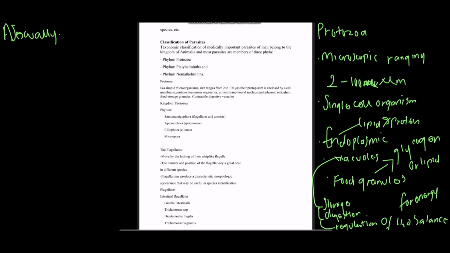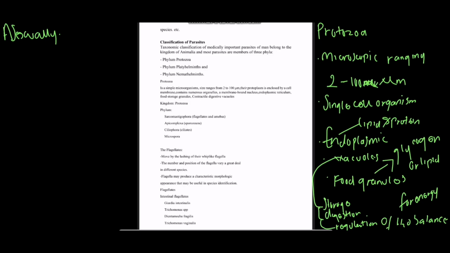Then now we have the classification of the Protozoa. You know that the kingdom of medical parasites is the kingdom Animalia, right? Then the phyla, we have the Protozoa, Platyhelminth, and Nematohelminth. Now under the classification of Protozoa, the subphyla will be the Sarcomastigophora, the Apicomplexa, the Ciliophora, and Microspora.